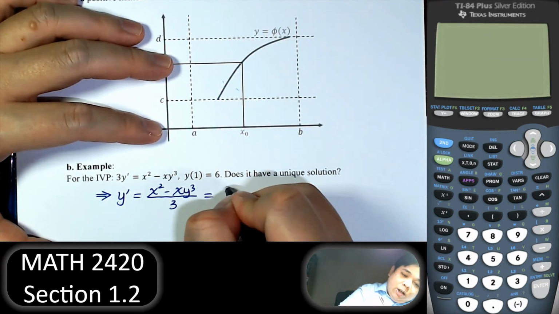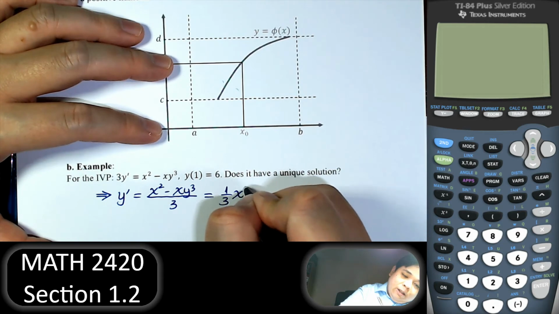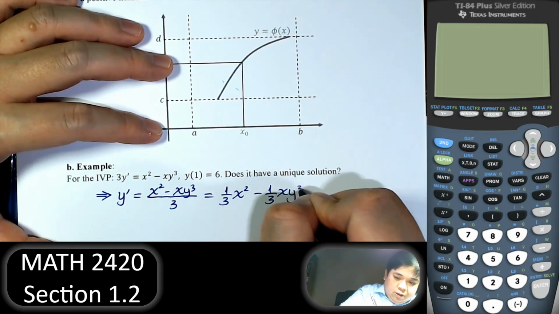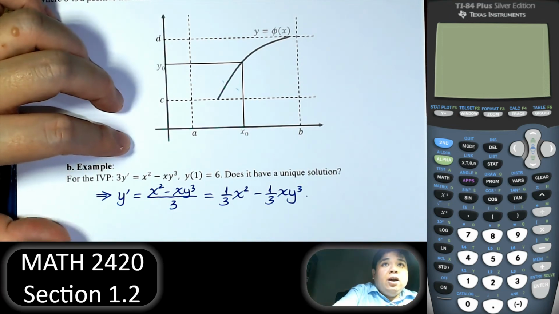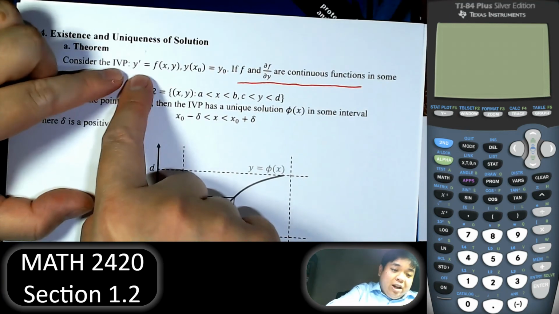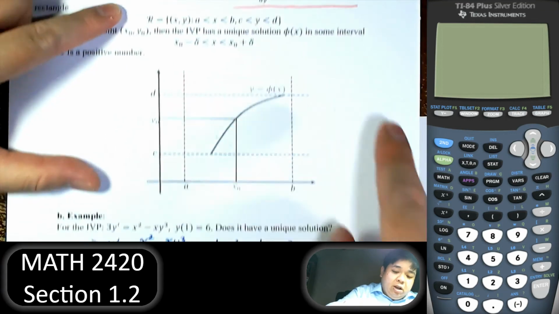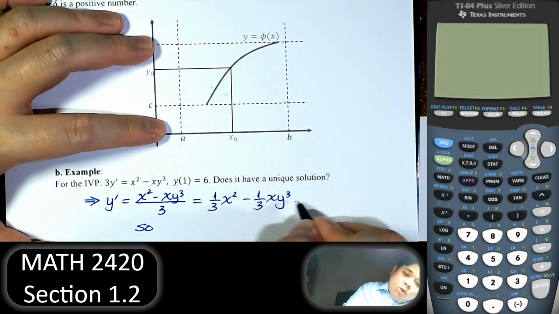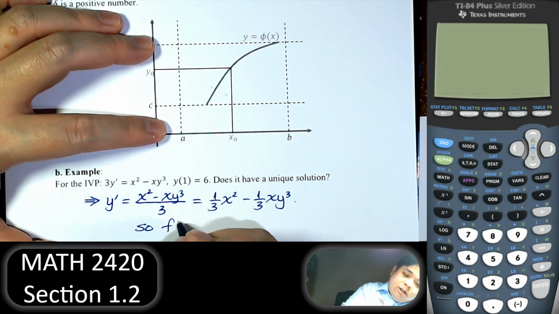Or we can write 1/3 x squared minus 1/3 x y cubed. The left hand side is equal to y prime, and the right hand side is equal to f of x, y. So f of x, y is equal to this function.